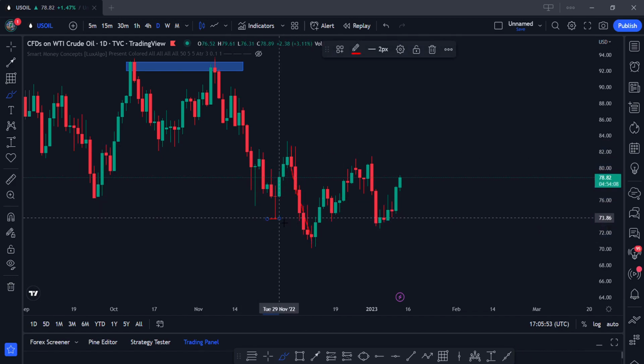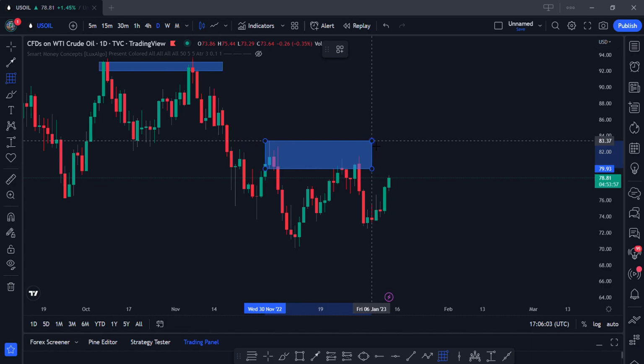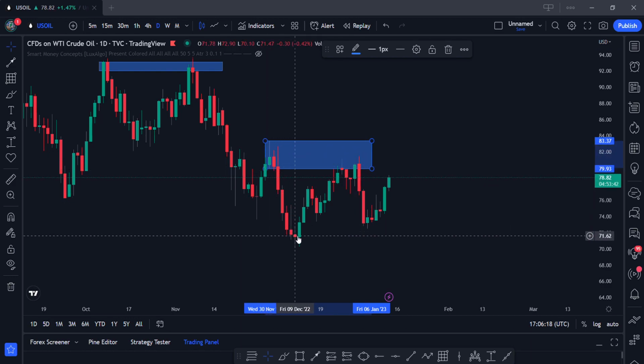Therefore we would always be interested in marking this order block, because this was the last bullish candle, when the buyers were in control. This was the last candle on the daily, a high time frame, before price changed direction and pushed downwards to the bottom.